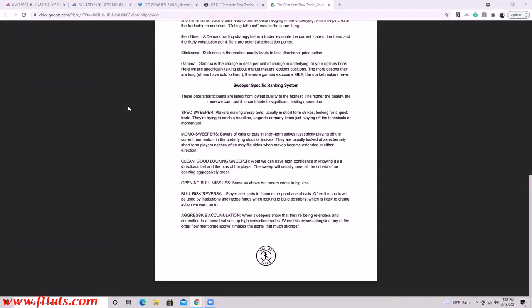Because again, going back to yesterday, we don't know what the true intent of these orders are. We really don't. We don't know these players personally that are placing these sweeps. So there's no way for us to know 100% what these orders mean.